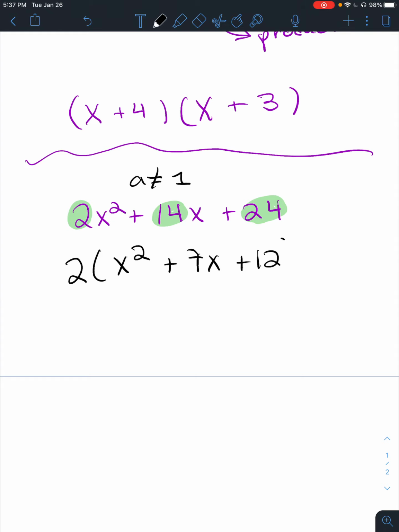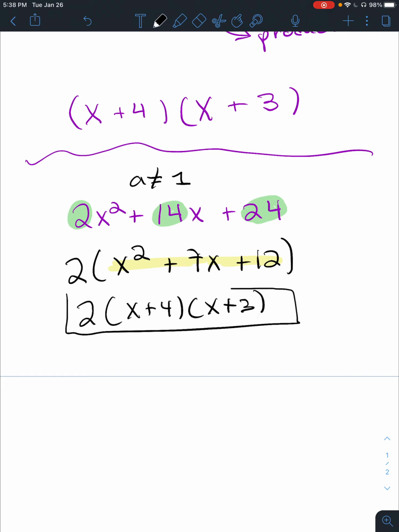Something cool about this is, I don't know if y'all noticed, but this is exactly the same problem that I just did earlier, except this time I have a 2 in the front. Now I can factor the highlighted yellow part as x plus 4 and x plus 3.